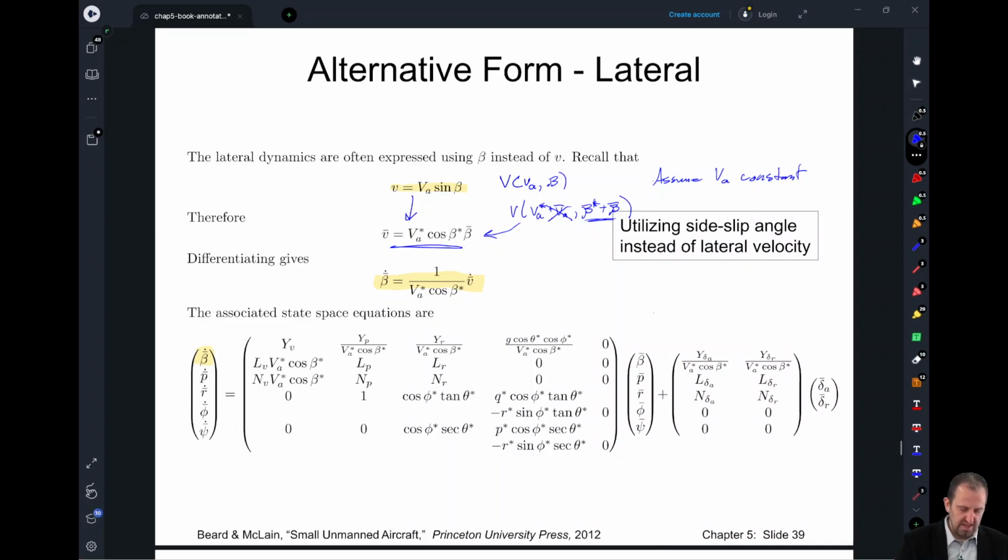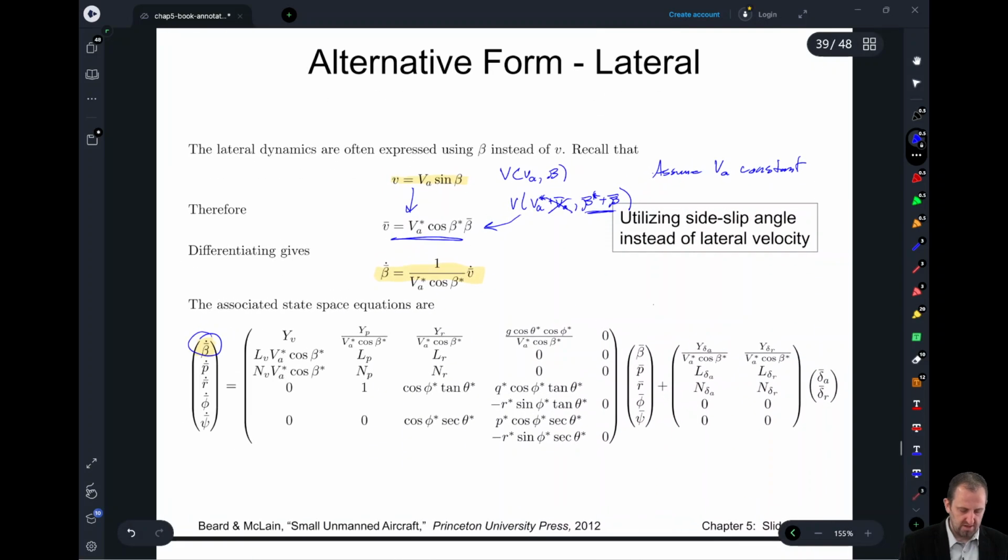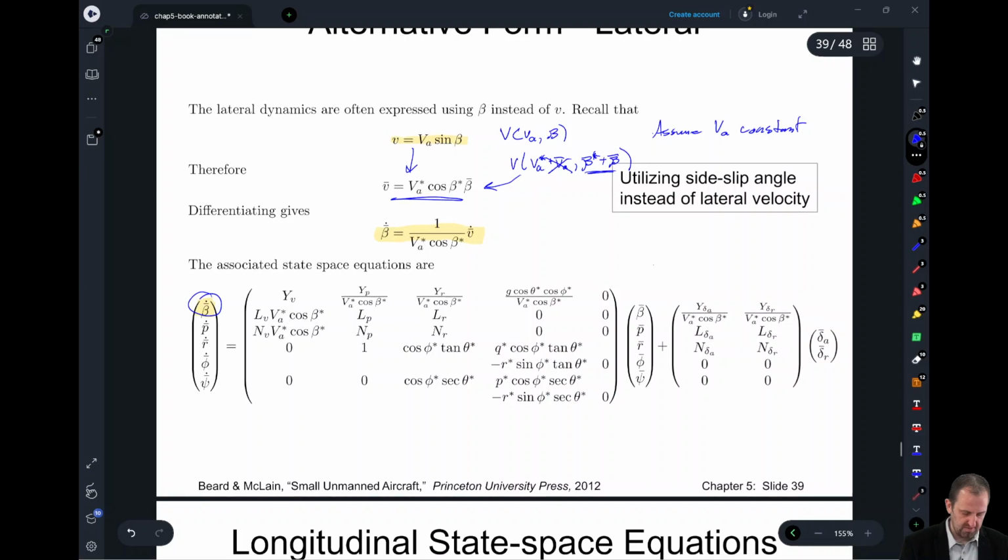We can then take our dynamics and replace that v with a beta. So if we're wanting to control our side slip angle, we can throw that right in. Okay, and alternatively, we could have just solved for beta as well, since we're linearizing anyway.